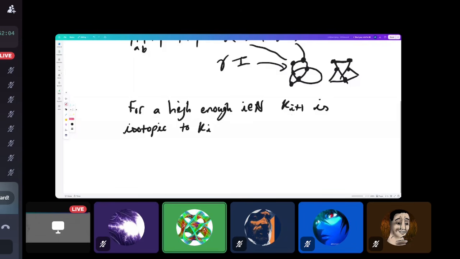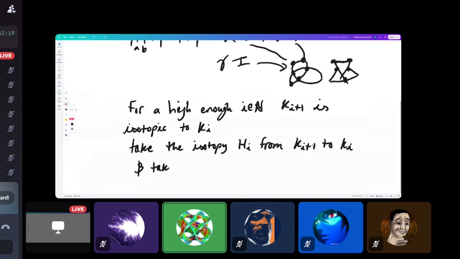So what we can do is take the isotopy h_i that goes from K(i+1) to Ki, and take f(i+1),i to be equal to h_i of x.